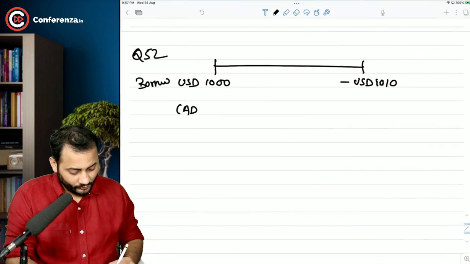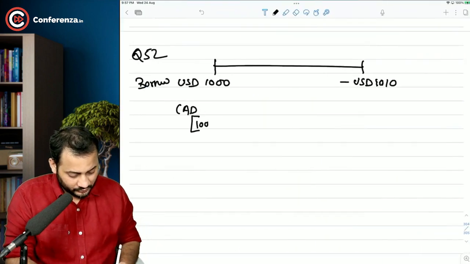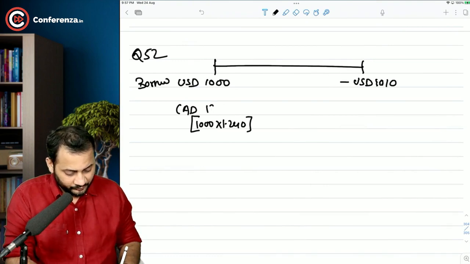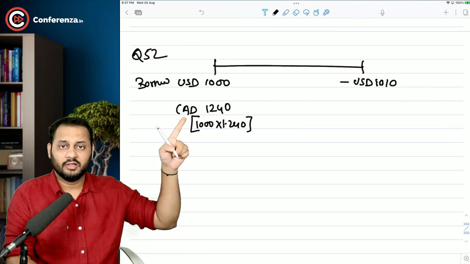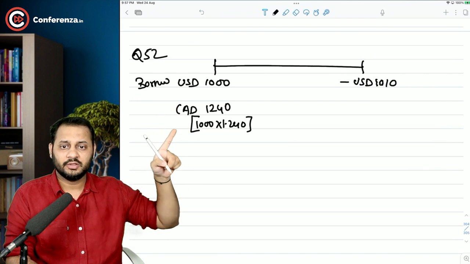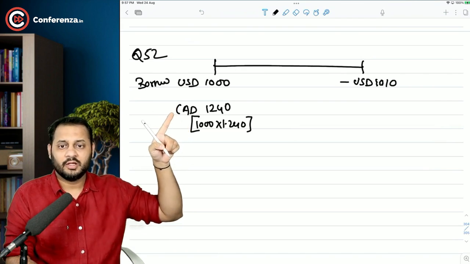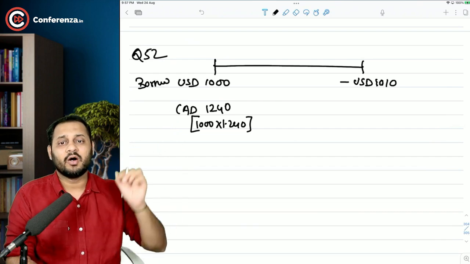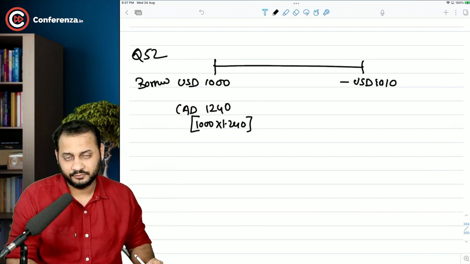So 1000 multiplied by 1.240. This much of the Canadian dollar is required to borrow $1,000. That means 1240 Canadian dollar is the equivalent amount of 1000 US dollar.